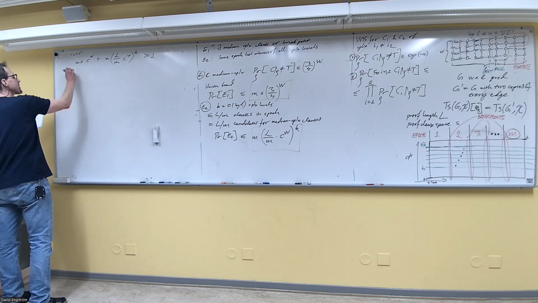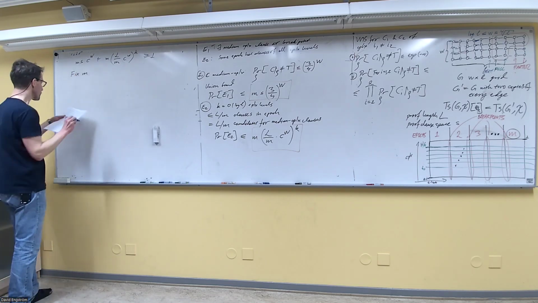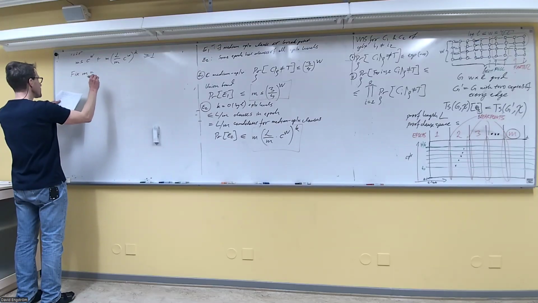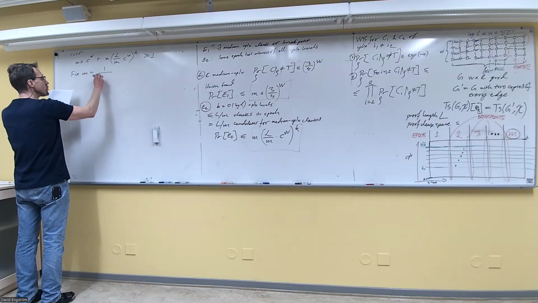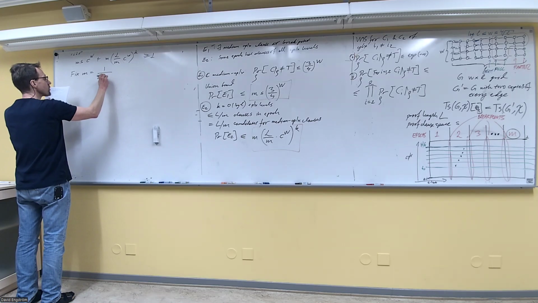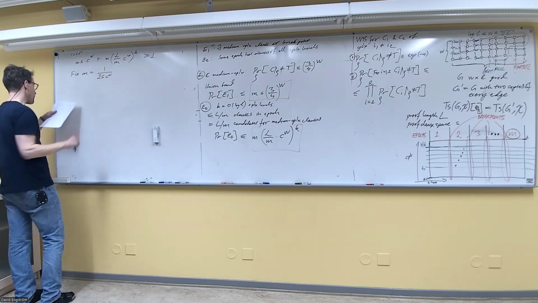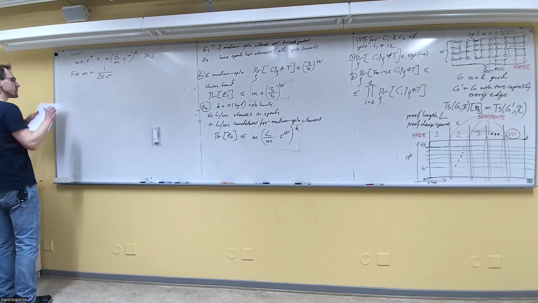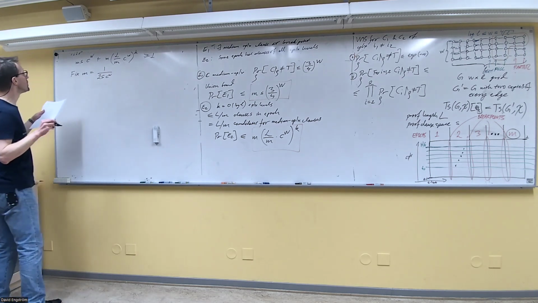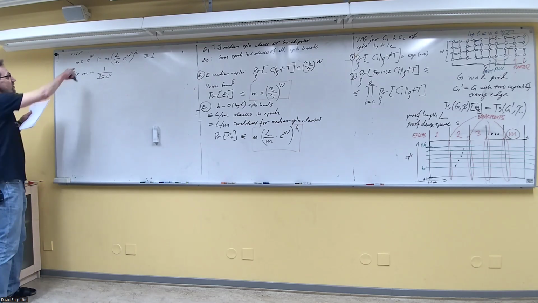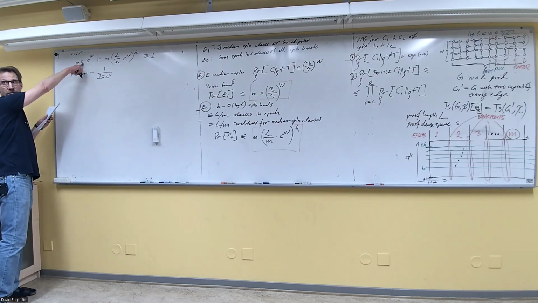Now just fix M. I can play with this. This is the number of epochs. Let this be 1 over 2 times the space bound times whatever constant C that I pick, raised to the power of W. Then you see that this is just going to be a half.